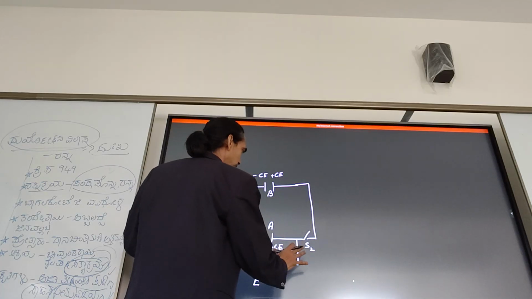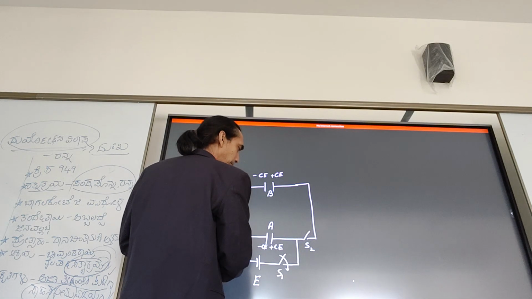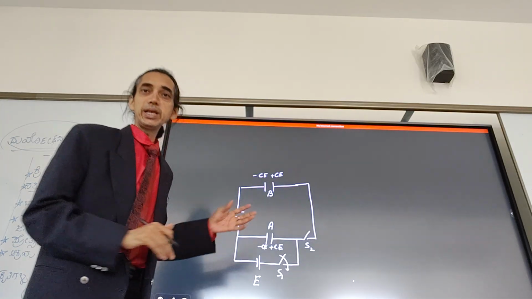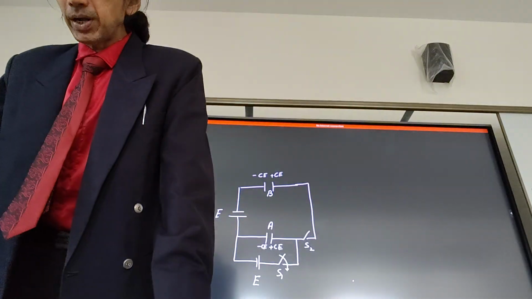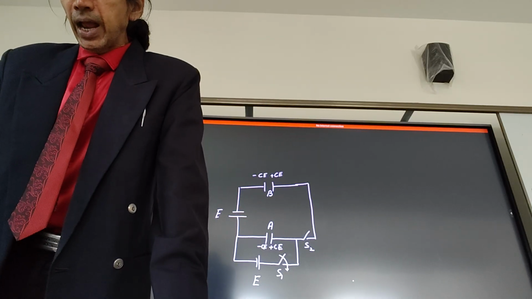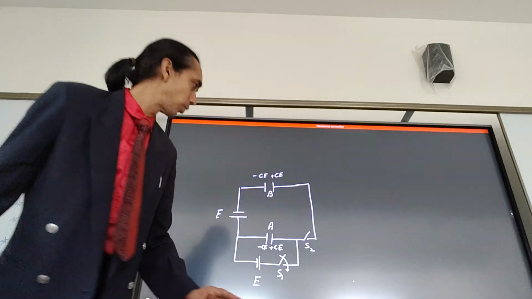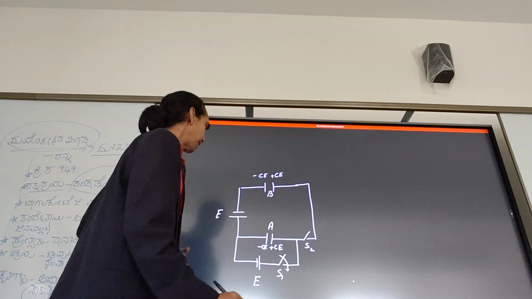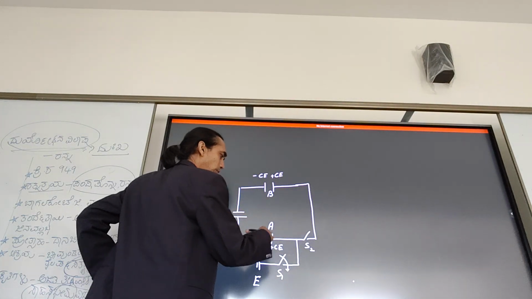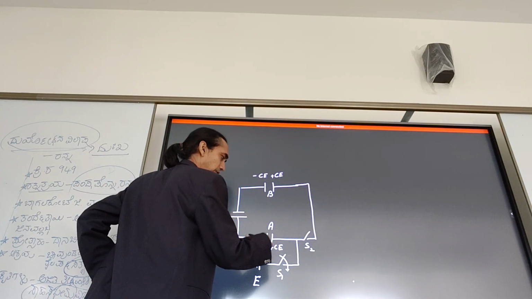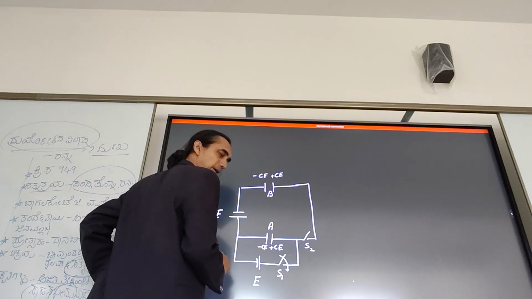It is being charged now, S2 was kept open, S1 was closed, you get to this. Next you are to decouple it. We have to remove S1, S2. In the first go, the charge that flows through is obvious: you get a charge CE over there.